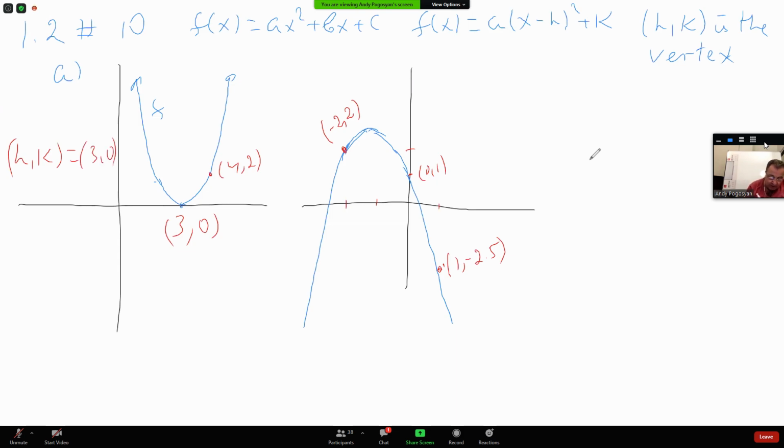h, k is 3, 0. So that means f of x equals a times x minus 3 squared plus 0. So f of x equals a times x minus 3 squared. Now a is missing. To find a, we need to use what?